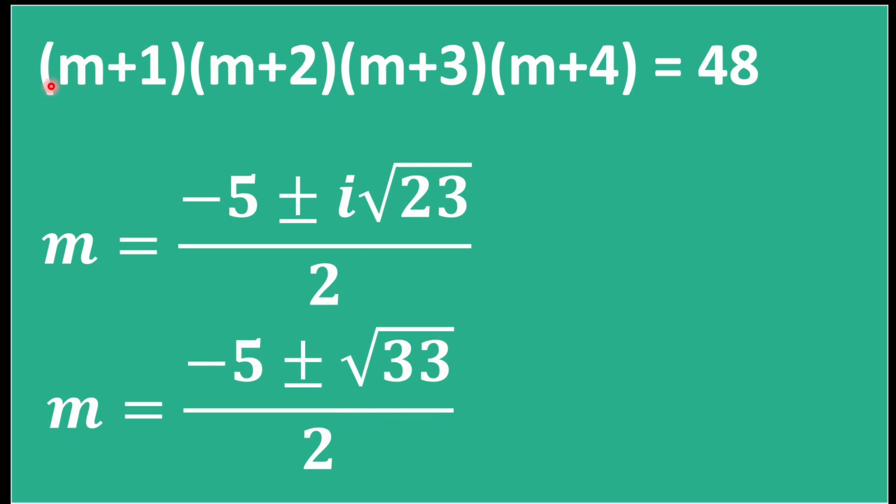You can see in the question that it is m times m times m times m, that is 4 times m, which means m power 4. So it is very clear from this given equation that this is a polynomial equation of degree 4, therefore it will have four roots. Of these four roots, two are complex roots and two are real roots.